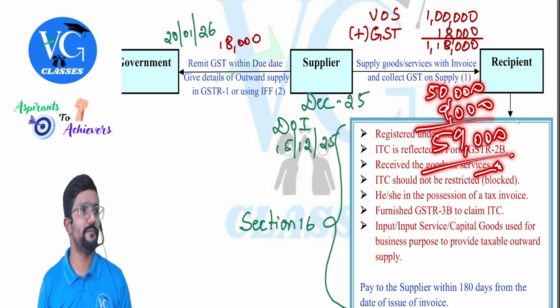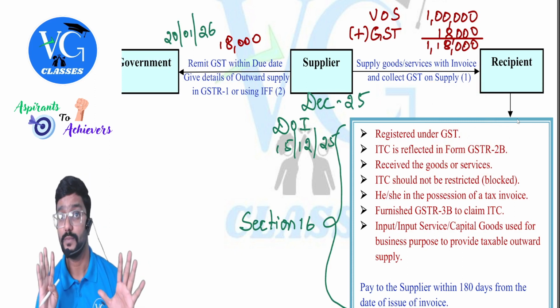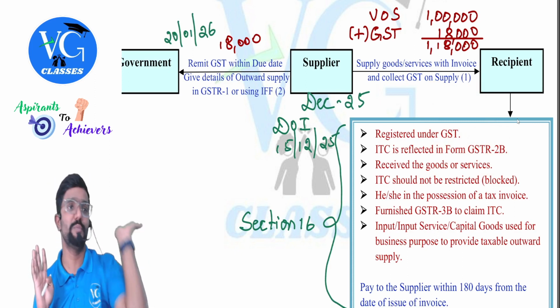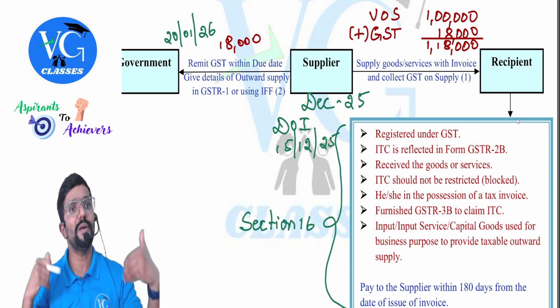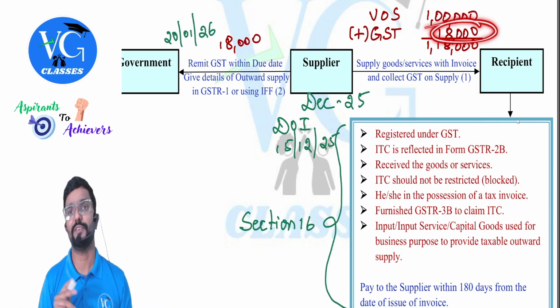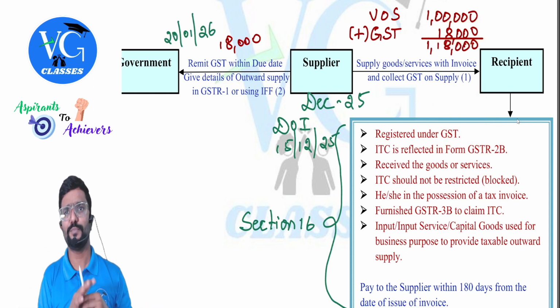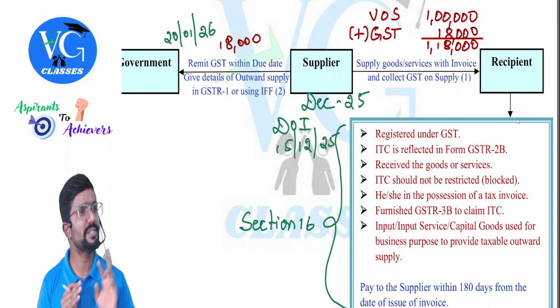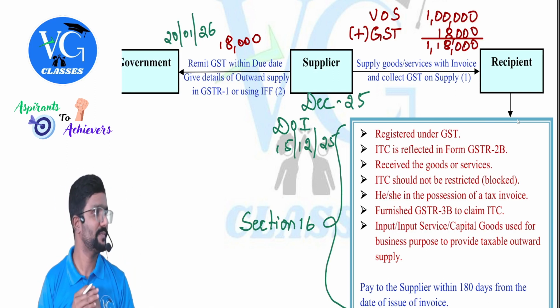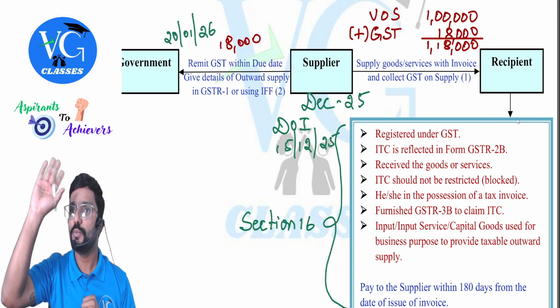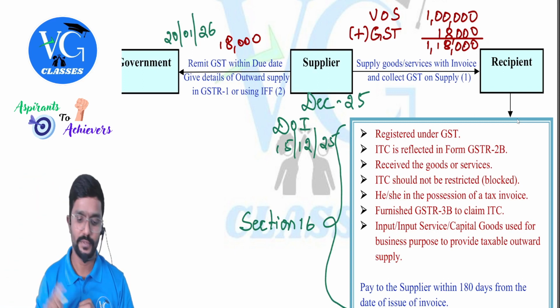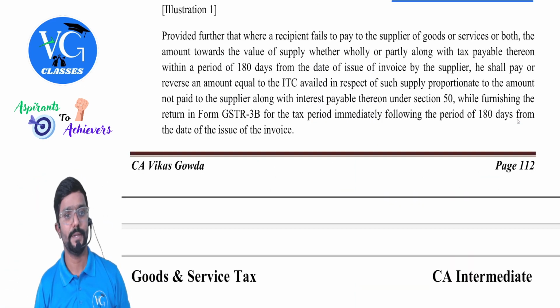But he has paid only 50%. That means how much does he have to reverse now after 180 days? Only 9,000. What he has not paid has to be reversed. If he had not paid the full amount, the full 18,000 would have to be reversed. But 50% is paid, so 9,000 has to be reversed. What is not paid has to be reversed. Clear? Hope you guys got it. Yes. Chalo, we'll go and read it.